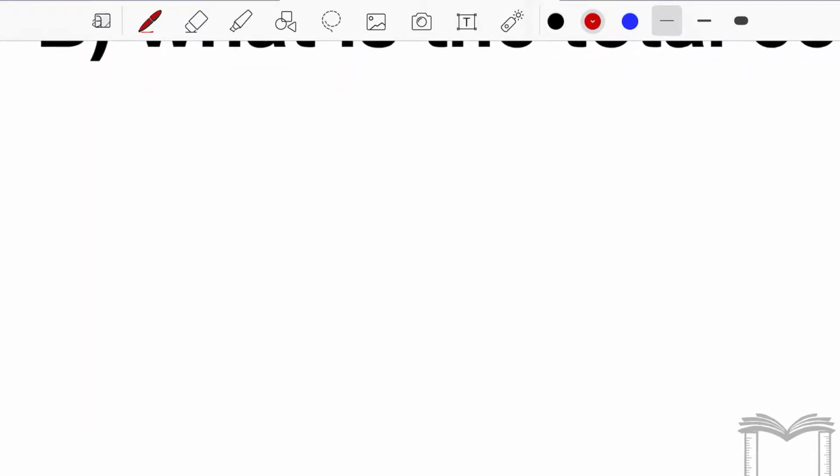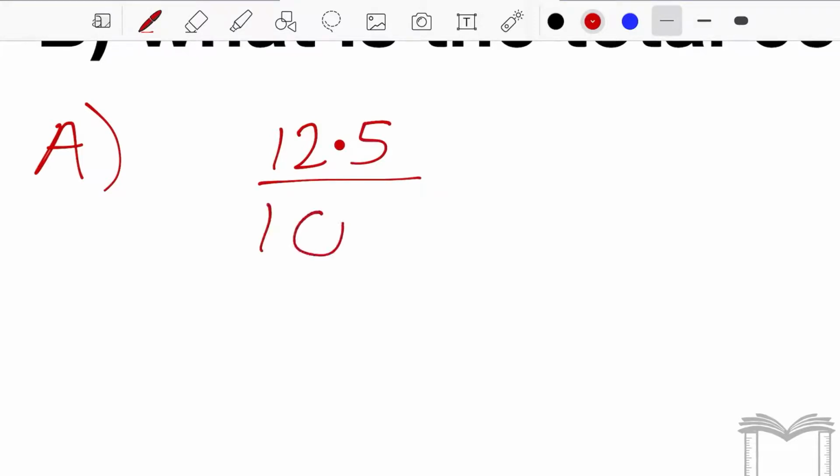So they told us that the tax is 12.5%. 12.5% as a fraction is 12.5 over 100. Some of you may know what this is as a fraction that is reduced.